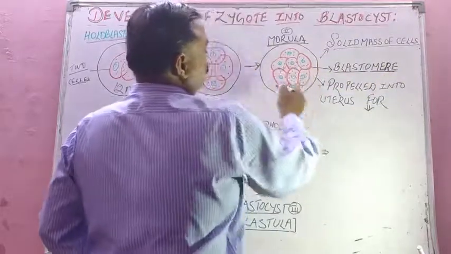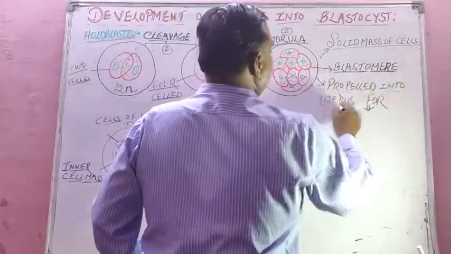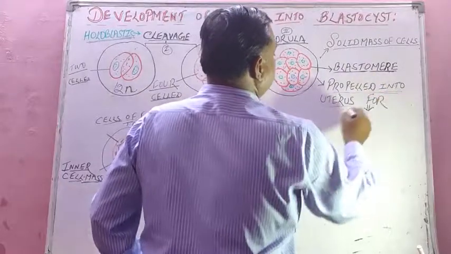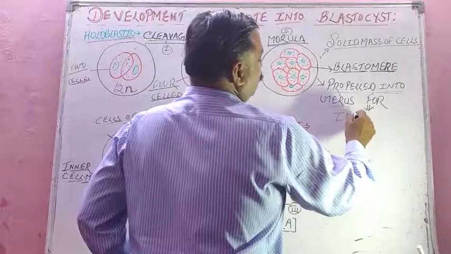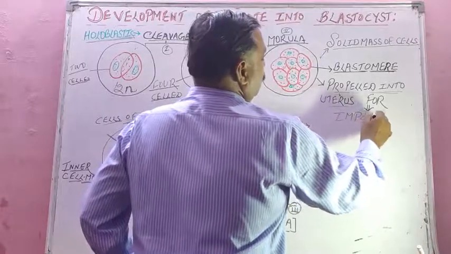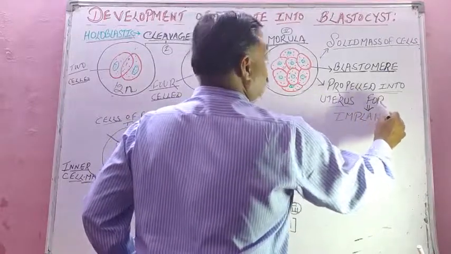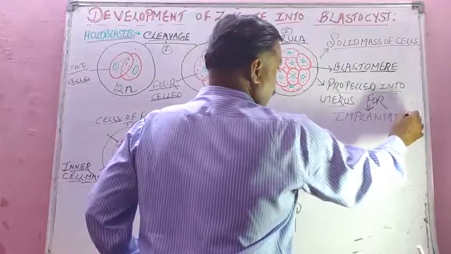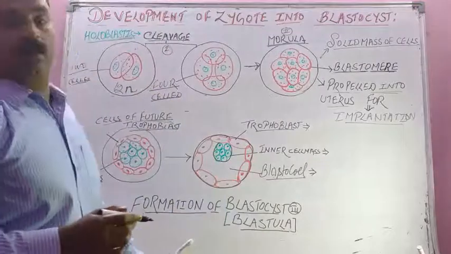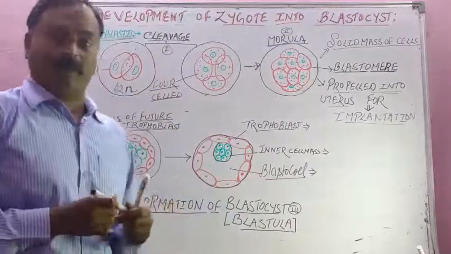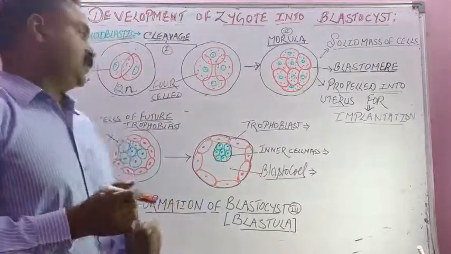And then ultimately, this ball of cells is propelled into the uterus. You know for what? For implantation. That is the attachment of this blastocyst on the endometrium after a week of fertilization.